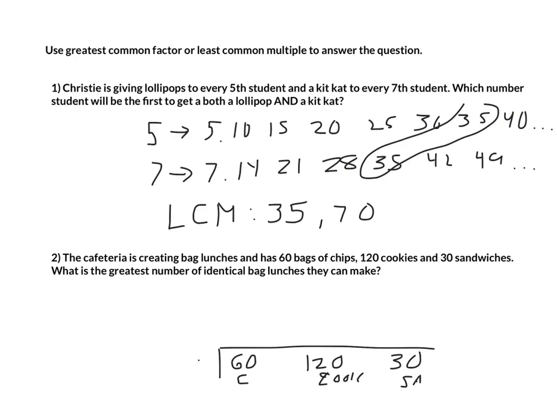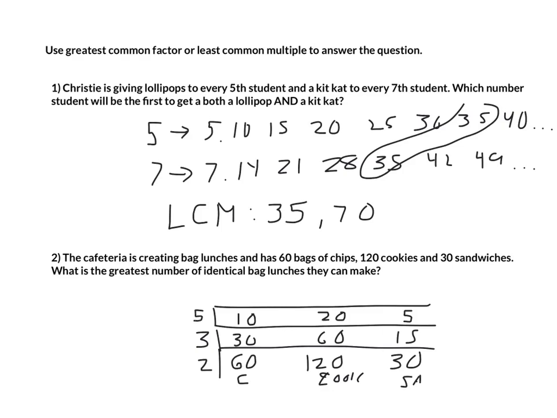So if I break them into groups of 2, 30 chips, 60 cookies, 15 sandwiches, but I think I can break those into 3 groups, and that'll be 10 chips, 20 cookies, 5 sandwiches. I think I can break those into groups of 5, 2 chips, 4 cookies, 1 sandwich, and I think I'm done.